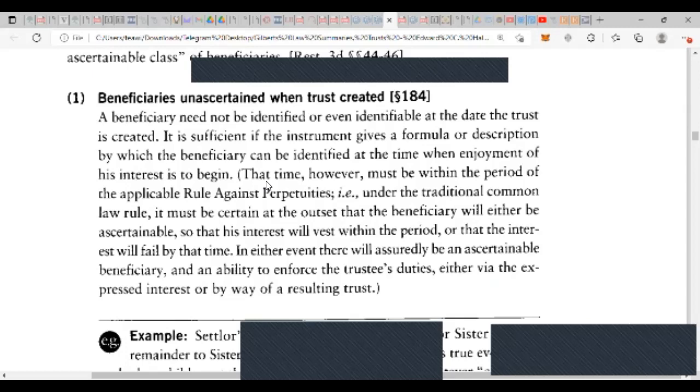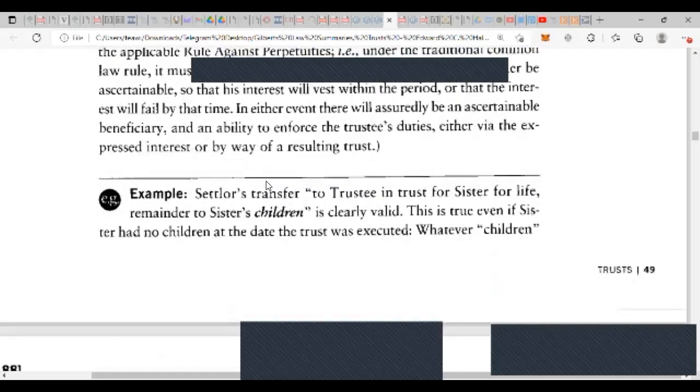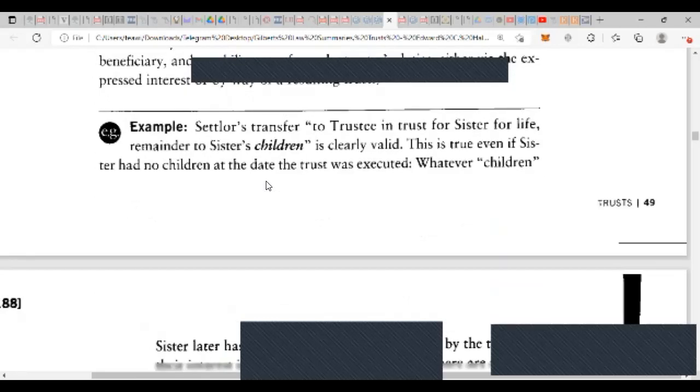It must be certain at the outset that the beneficiary will either be ascertainable so that his interest will vest within the period, or that the interest will fail by that time. In either event, there will assuredly be an ascertainable beneficiary and an ability to enforce the trustee's duties either via the expressed interest or by way of a resulting trust.